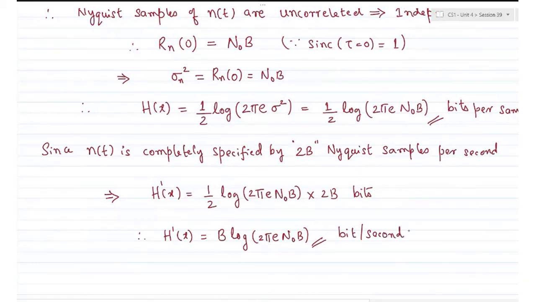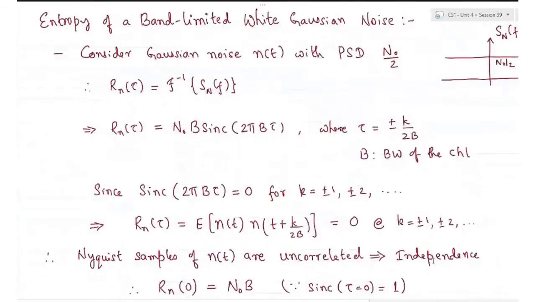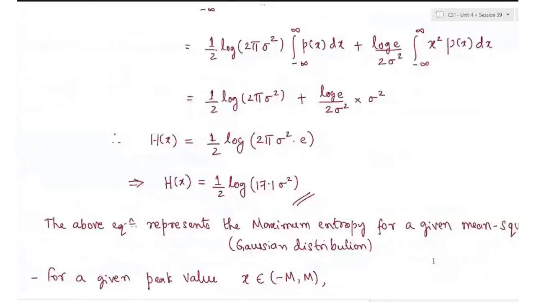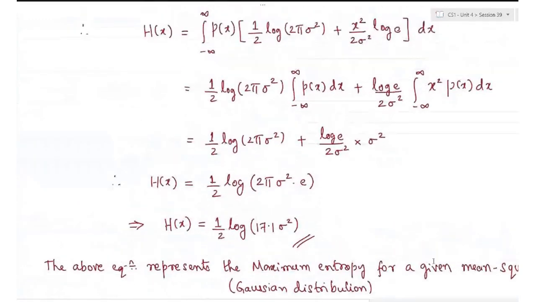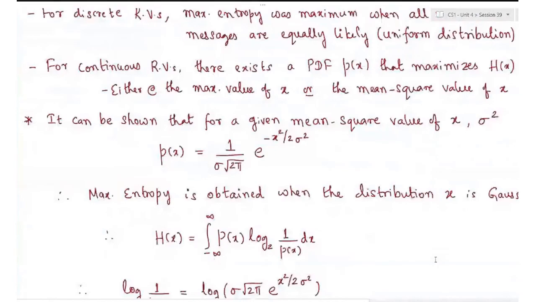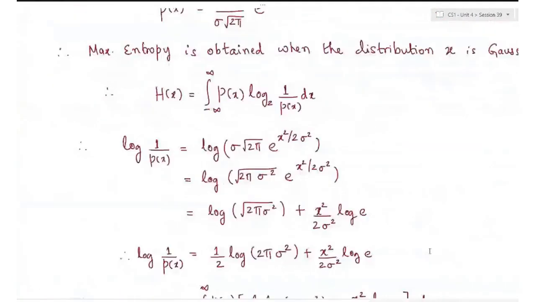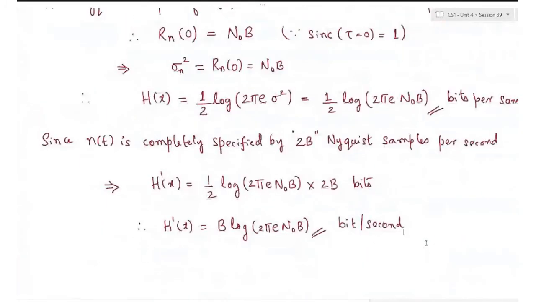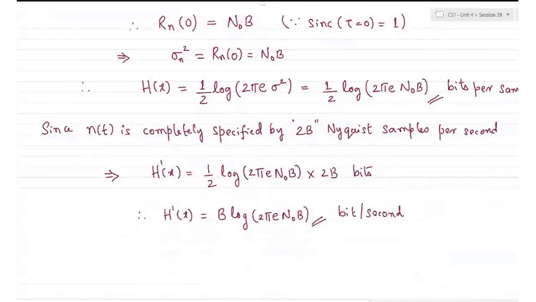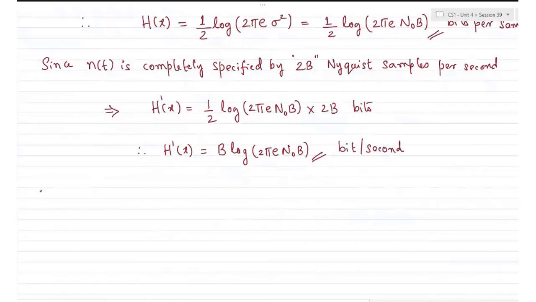We will utilize all these parameters. The takeaway from this session, for the entropies we define for continuous random variables, is two points.